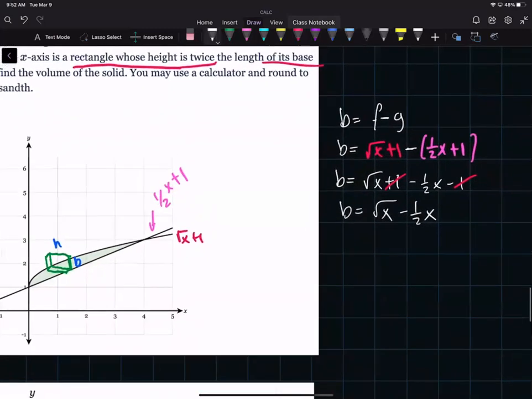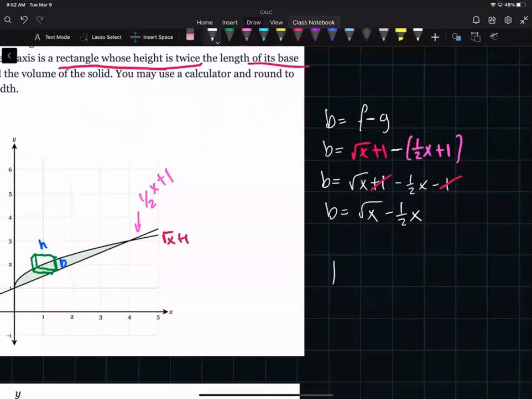Okay. What is my a of x? So what is the area of a rectangle? Okay, base times height. All right.